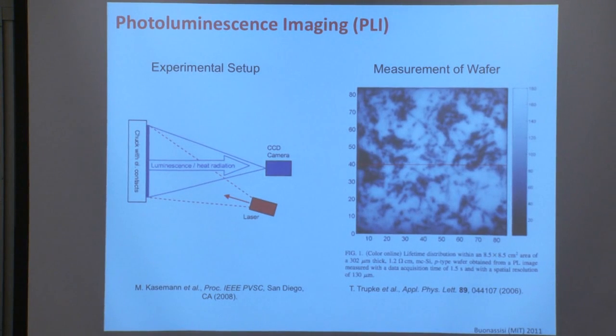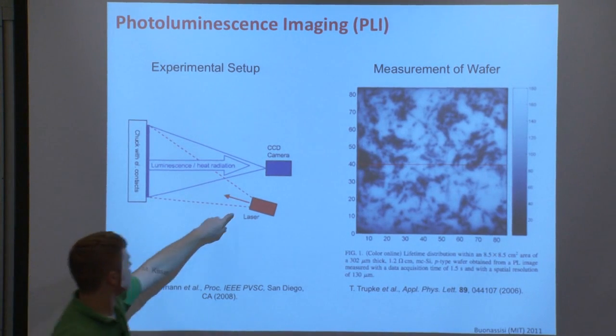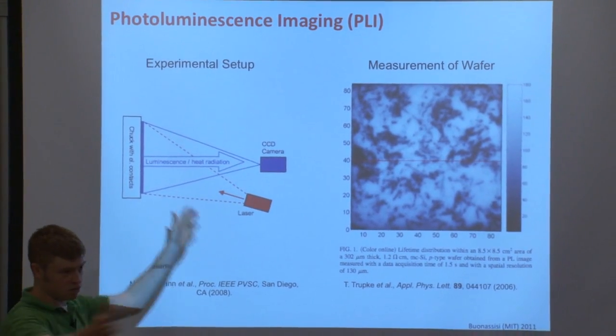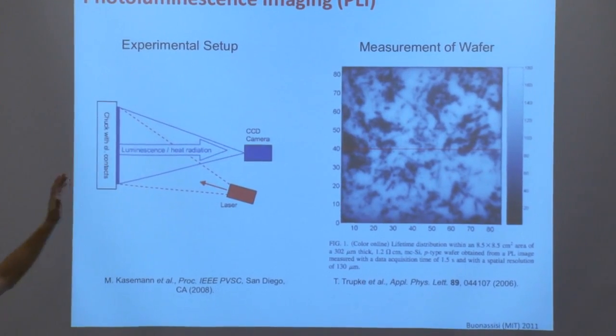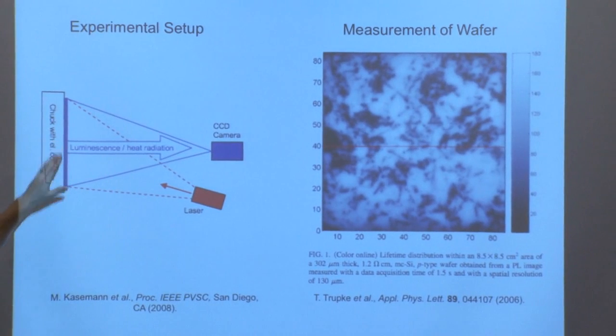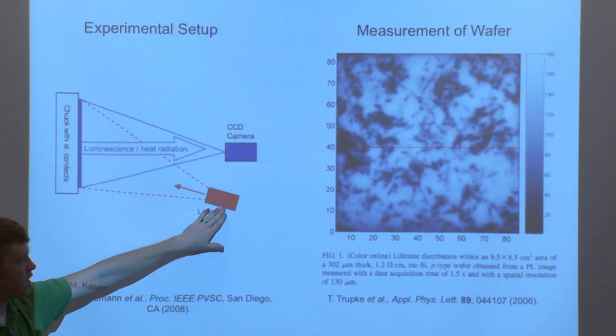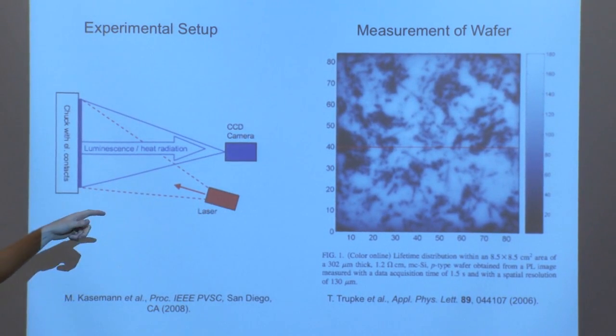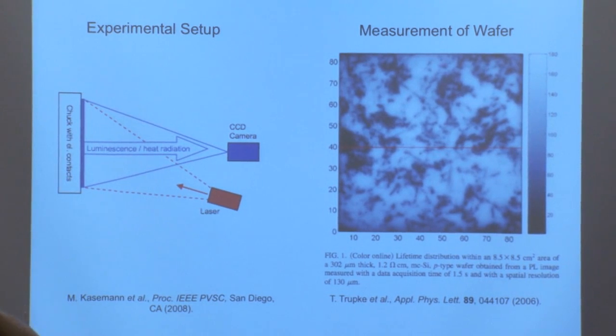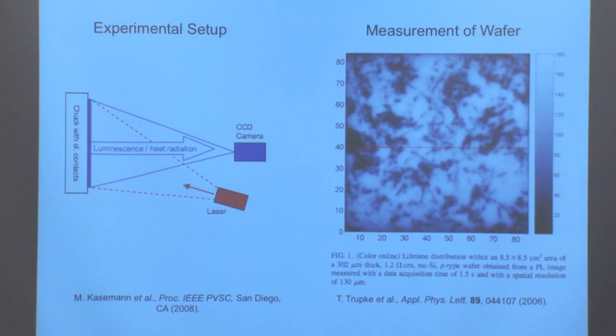What you do is you shine light on it, generally with a laser. We put a diffuser in front of the laser so the beam spreads its photons over a large area, and we excite all these carriers. This laser has a very short wavelength, 900 nanometers. Silicon's band gap corresponds to about 1108 nanometers. So 900 is easily absorbed, not just right near the emitter, but also well below the junction.